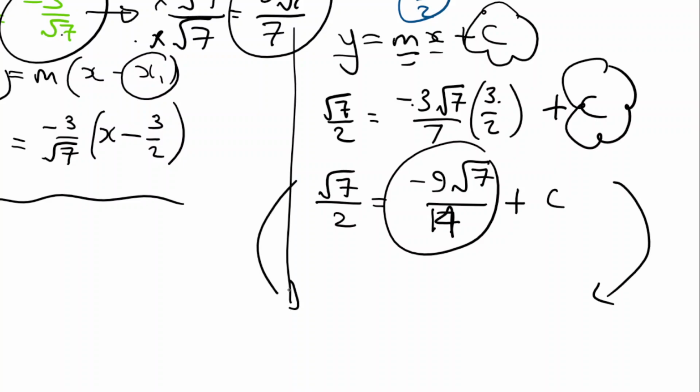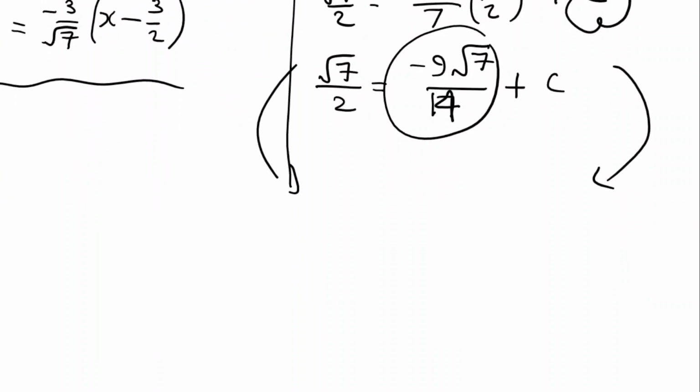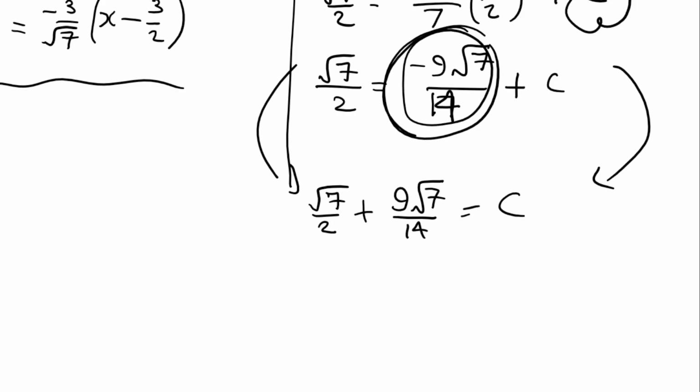So that's going to give me root 7 over 2 plus 9 root 7 over 14. That will equal c, because I've added 9 root 7 over 14 to both sides. This is what I'm getting for c.